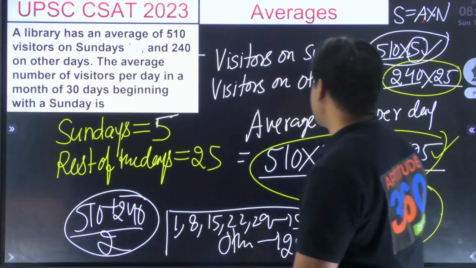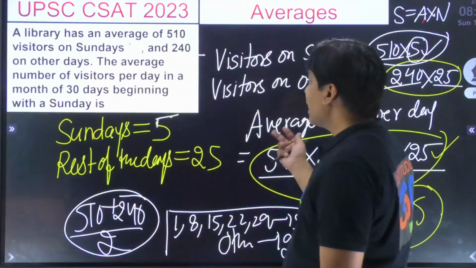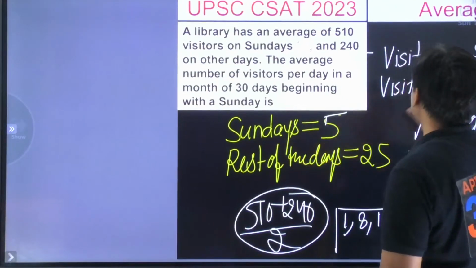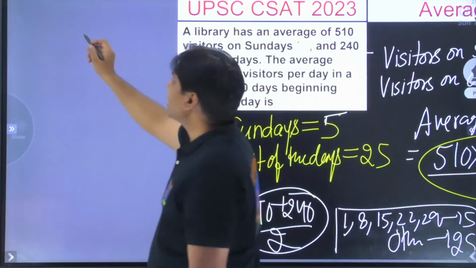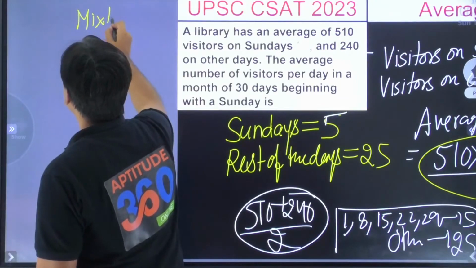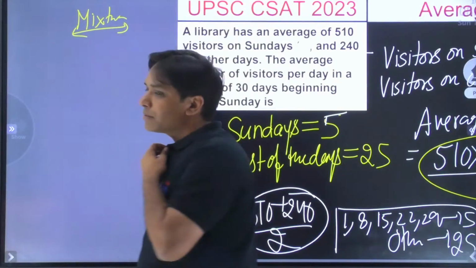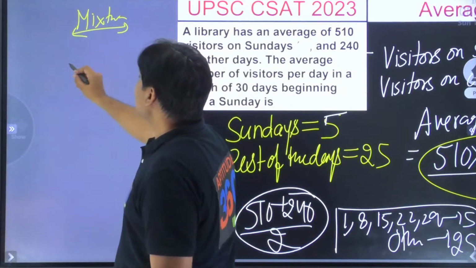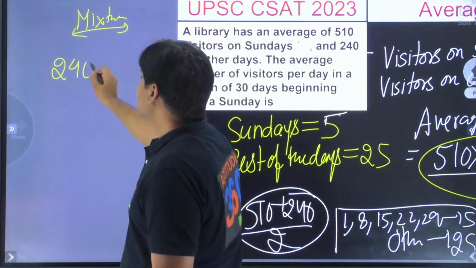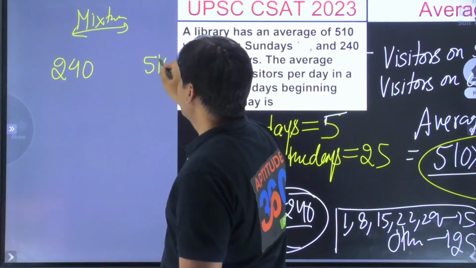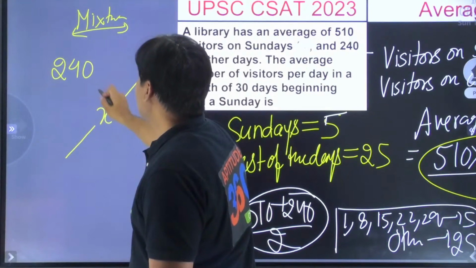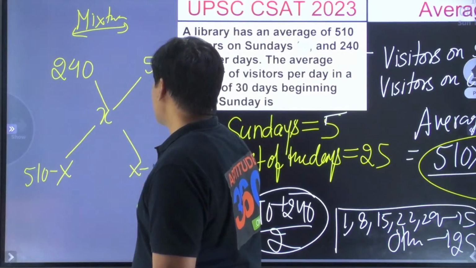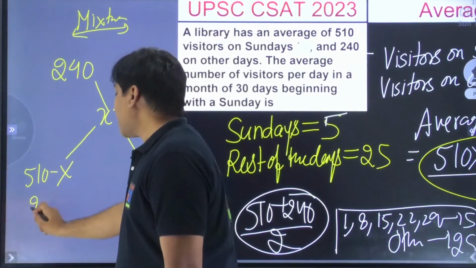Okay then, let us move ahead and try to simplify the rest. You know what? This problem could have been simplified. Have we done mixtures and alligations? Let me know. If I am assuming that we have done mixtures, then the average of others was 240 and the average of Sundays was 510. Say this average is x, so this is going to be 510 minus x, and this is x minus 240, and the other days are 25.